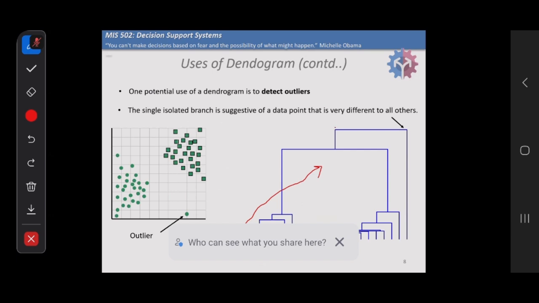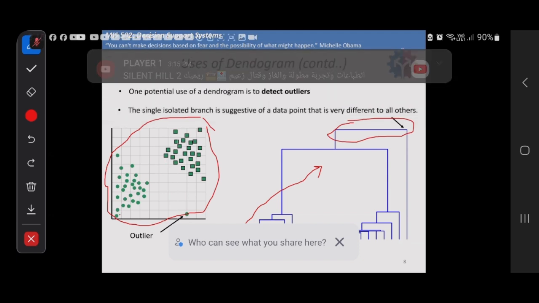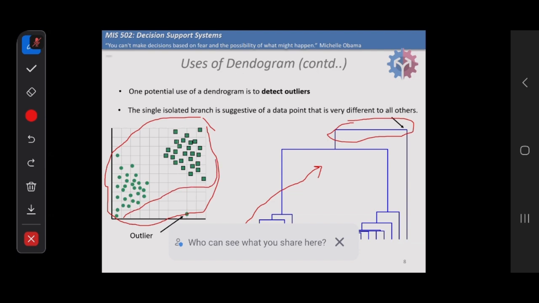But in the divisive one, you actually start by calling all of them a single cluster. So you start at the top. And then you say, okay, this one looks different, so I'm going to make the first division. I'm going to divide them into two. This is one and this is the second one.